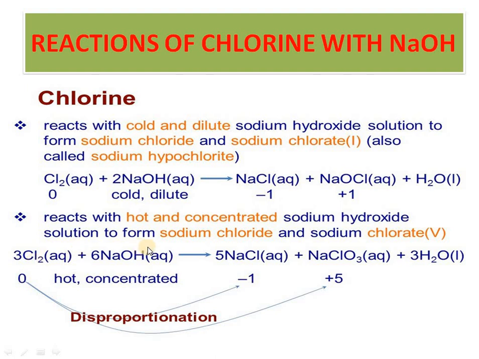And here also 0, 0 and -1, and here -6, +5. So now you see from here that chlorine is changed from 0 to -1 and 0 to +1. In the same manner here 0 to -1 and 0 to +5. So this is a disproportionation type of reaction, where the same element, chlorine, is getting oxidized as well as reduced.